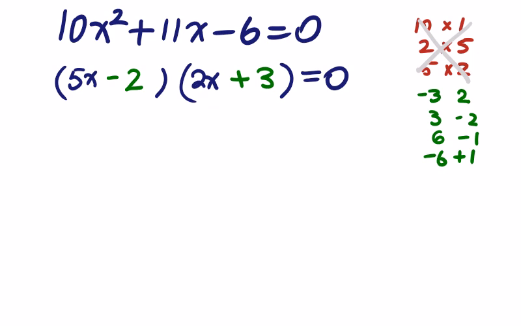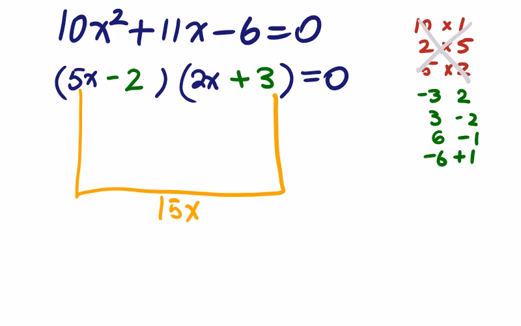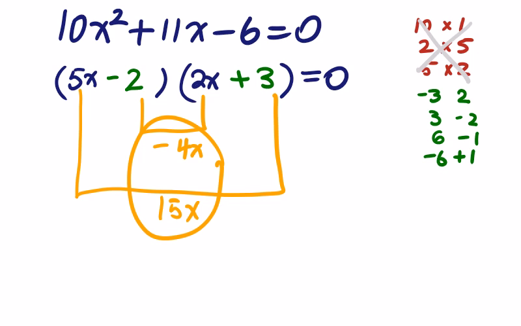All good. So now let's check the other two terms that we have to expand. So 5x times 3, 15x, negative 2 times 2x, negative 4x. Yes, this gives us the 11x we were after.